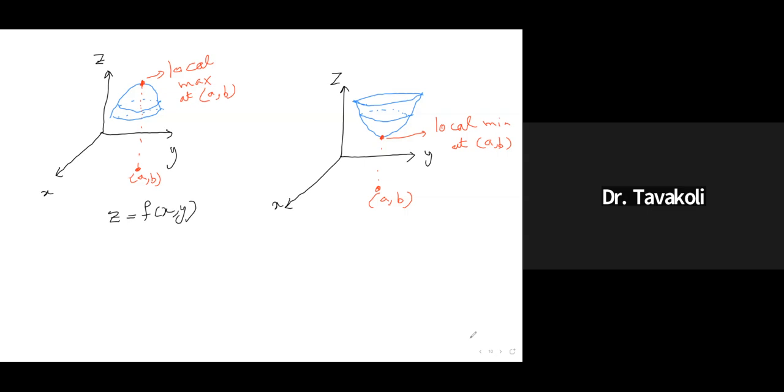But if you want to have a local min, local max, or a saddle point, and we have that assumption that the first derivative with respect to x and to y exists, that must be a critical point. So let me write this as a note.